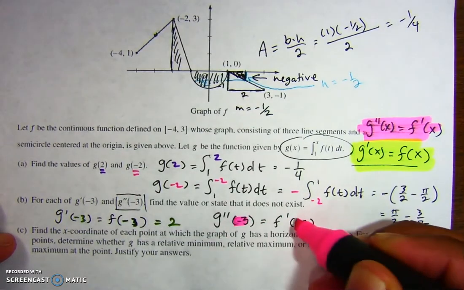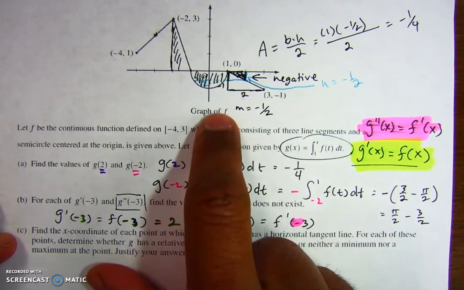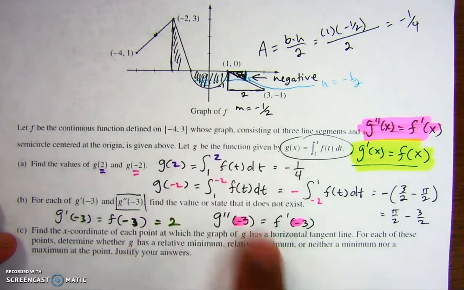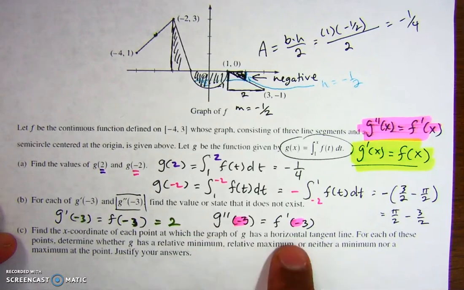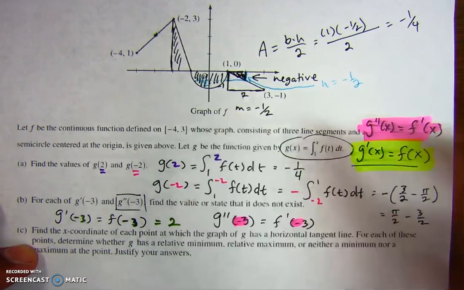Now we got to look at f prime of negative 3. The reason is because we were looking at the graph of f, not the graph of g. So we got to get our answer by looking at the slope at x equals negative 3 using the graph of f.